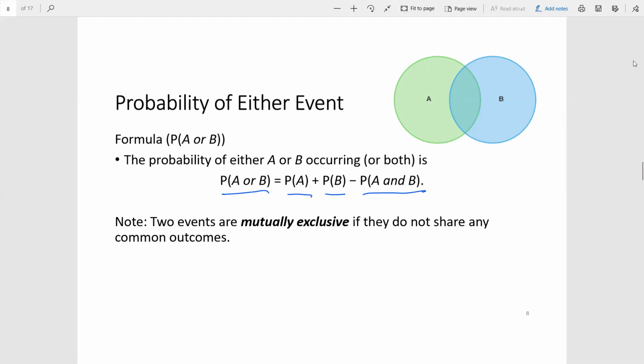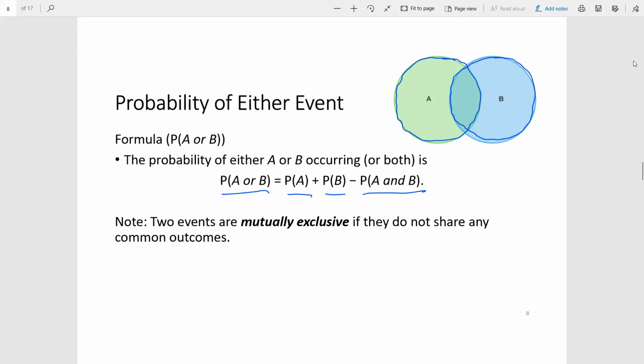And you can see the event space for event A is given here by this green circle. The event space for event B is given by this blue circle.